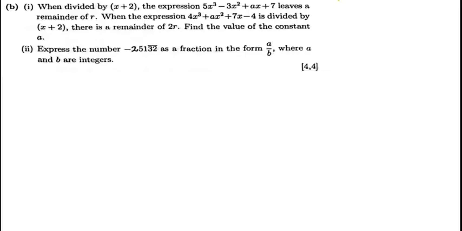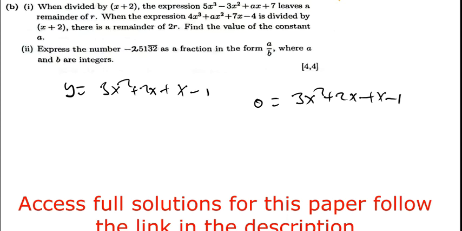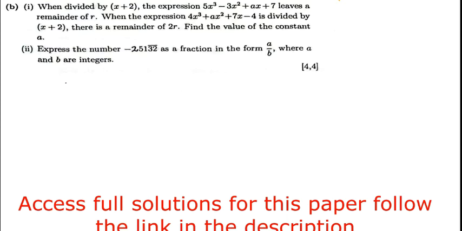And remember, when you have an expression like 3x squared plus 2x plus, maybe, x minus 1, if the remainder is 0, that's the reason why we equate this equal to 0. So at this point, we are going to equate this equal to the remainder we have been told.